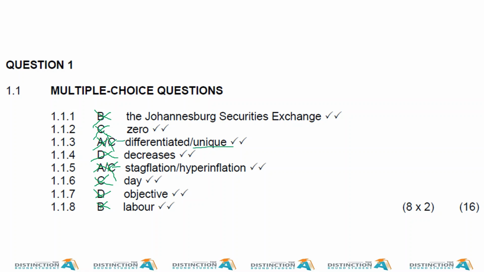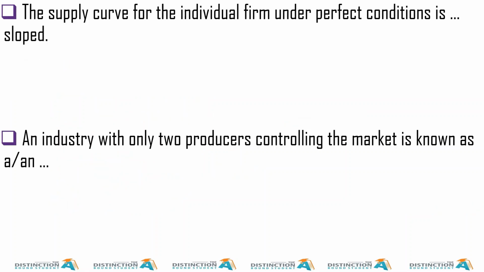So these ones came, I'm sure, at the marking center, as some people saying no, unique is correct, others saying no, hyperinflation is correct. But to be honest, it's more correct to say differentiated, it's more correct to say stagflation. Because why are you talking about high unemployment then if you just want to say hyperinflation? The minute you have that combination, it becomes more stagflation than it is hyperinflation. But I'm sure they did it not to punish learners who are saying the truth, even though it's not the most correct thing. Right, then we go to May, June 2018.